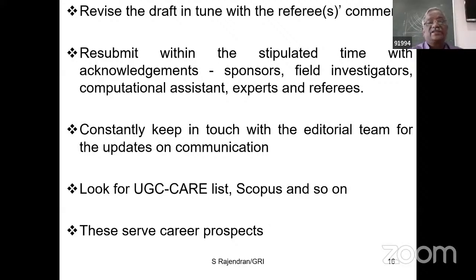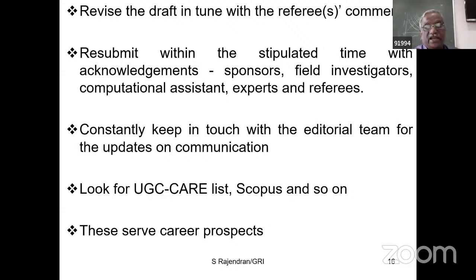And kindly acknowledge the sponsors of the study, the field investigators, the personnel, the computational assistant who helped you to frame the notes, the experts and referees who offered their critical comments and suggestions. And afterwards, constantly keep in touch with the editorial team for the updates, whether the revised paper has been accepted or it needs further revision, so that your paper is not lost in the transit.